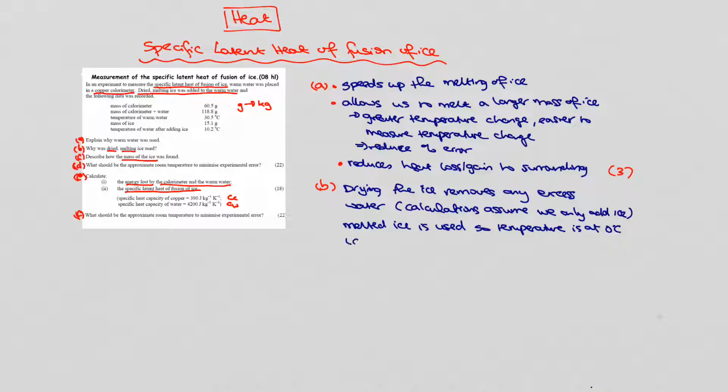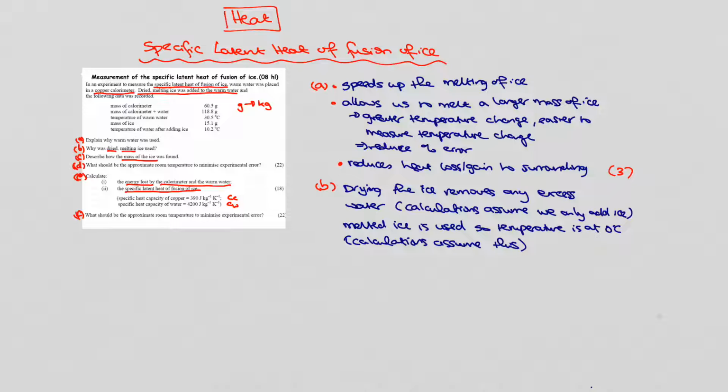And again, our calculations assume this, because when we're looking at our temperature change for the ice, we always start at 0 to the final temperature. So if we are not adding ice that is melting, it is not at 0 degrees. It could be lower than 0 degrees. And again, that would affect our experimental error.